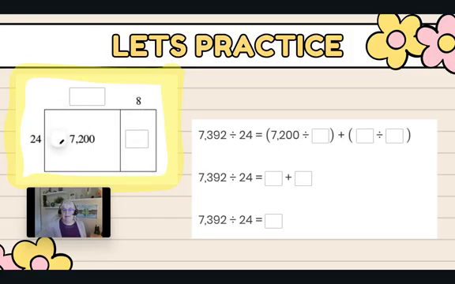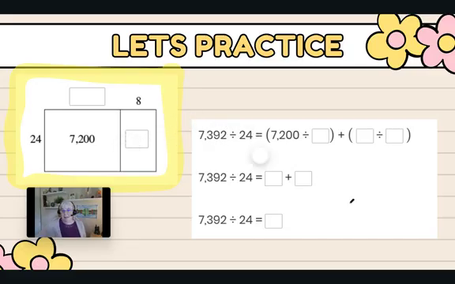The amount in the area box, the amount on the inside, is the large number we are dividing into. The numbers on the outsides, 24 and the other number, which we don't know, are the numbers that multiply together to get that number in the middle.